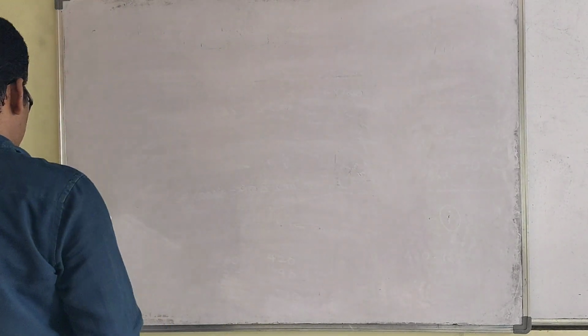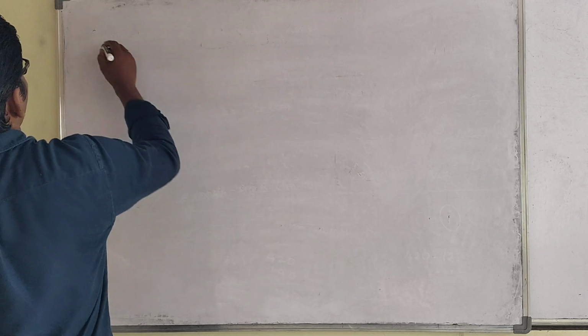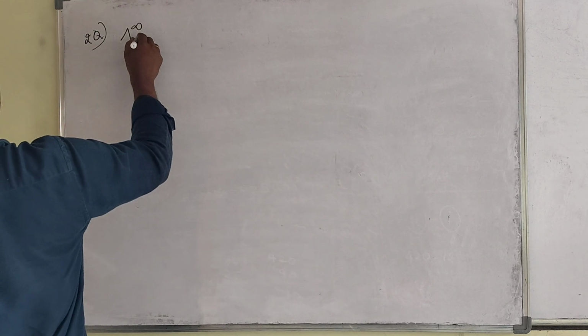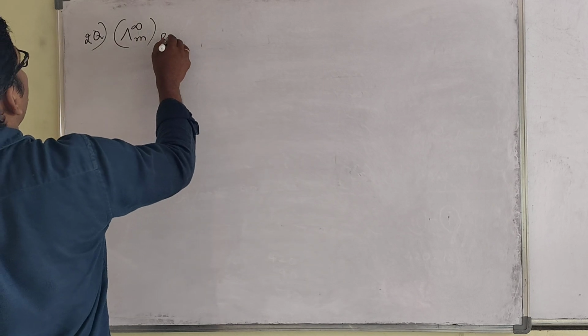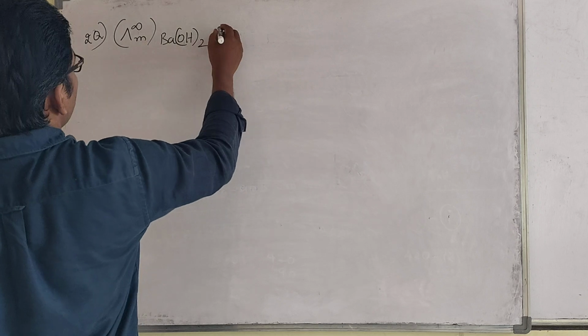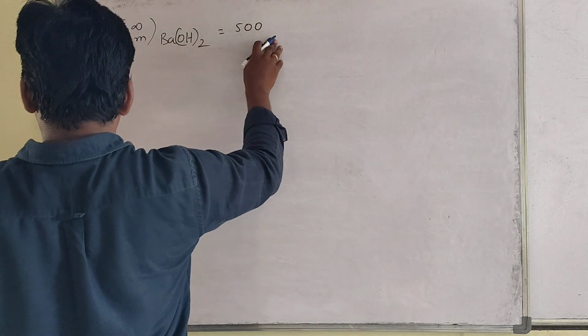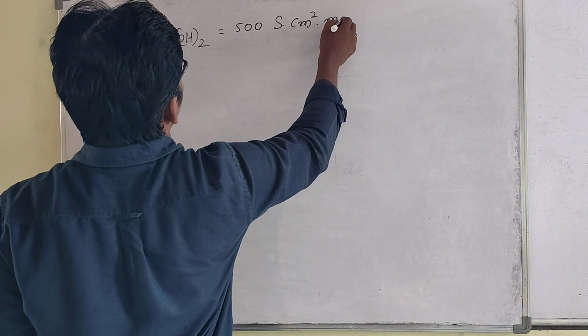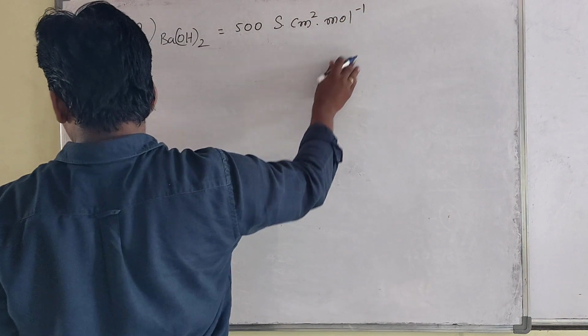Limiting molar conductivity of Ba(OH)2 is equal to 500 Siemens centimeter square mole inverse.